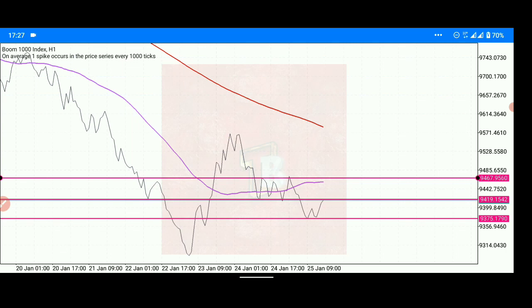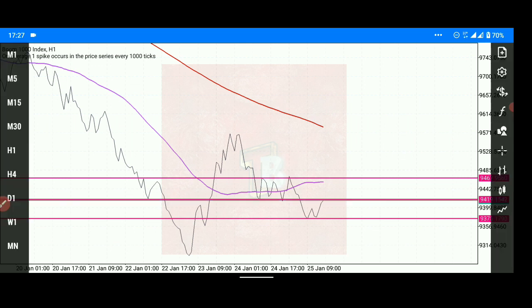What we're now looking at here is not a break of the trend line. It's not a break of this resistance zone, but a test of the resistance zone.